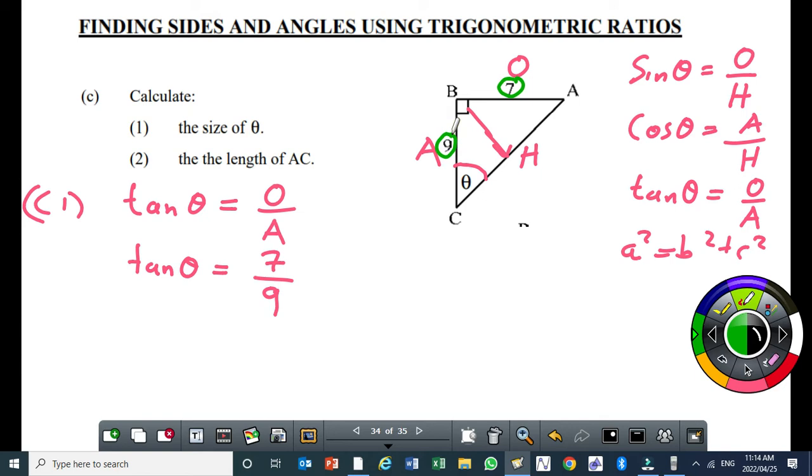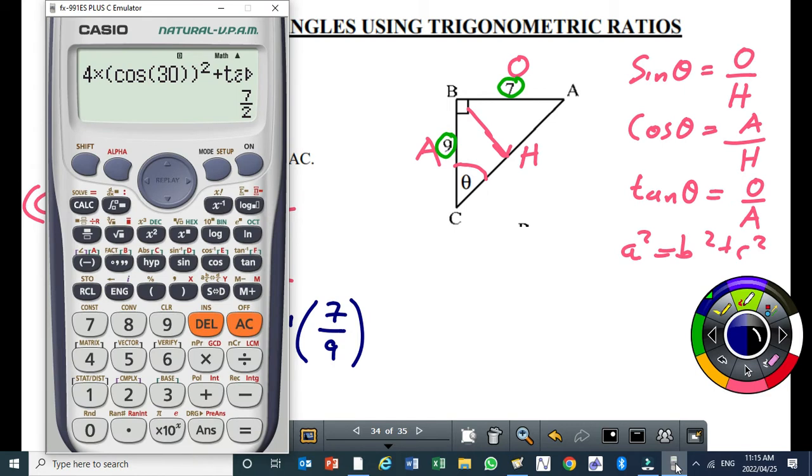Right? Once you get here, this is now a trig equation. Okay? So we take the tan to the right, we get theta equal to shift tan of 7 over 9. We are going to round off our answer to 2 decimal places. Yes. Usually it's 2 decimal places. So we go to our calculator, shift tan, fraction option 7 over 9.